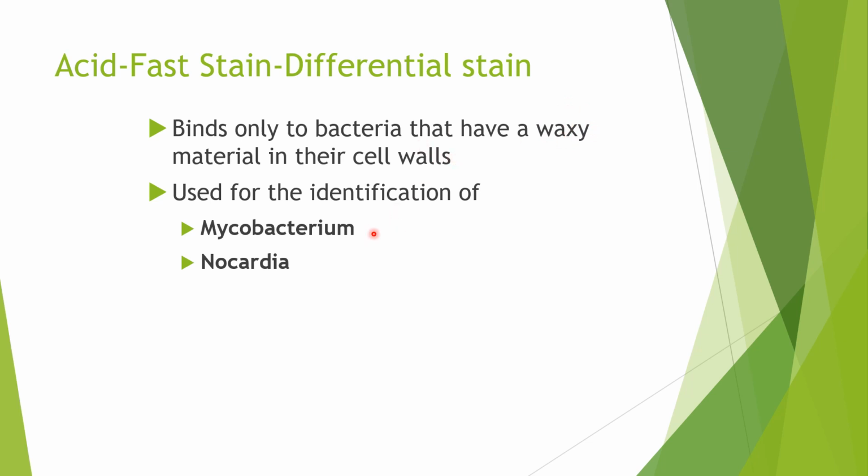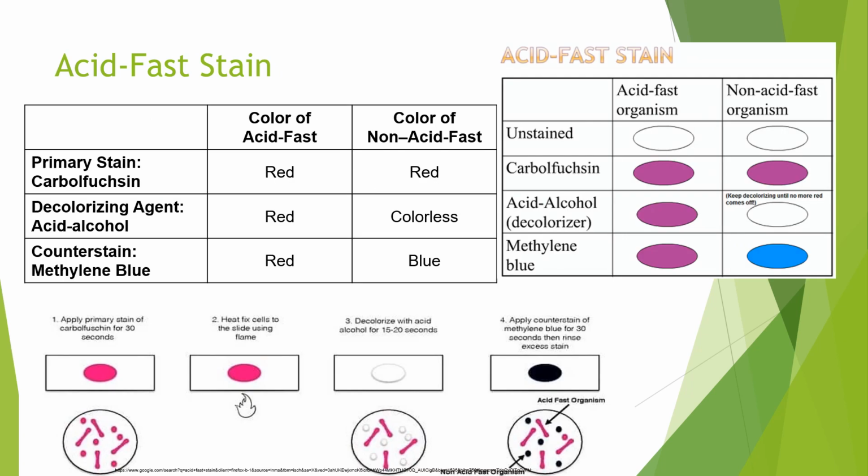There are actually two genera of bacteria that have that waxy layer in their cell wall: Mycobacterium and Nocardia. An example of a Mycobacterium, Mycobacterium tuberculosis, the bacteria that causes TB, does have the waxy layer. So let's go ahead and take a look at the acid fast stain procedure.